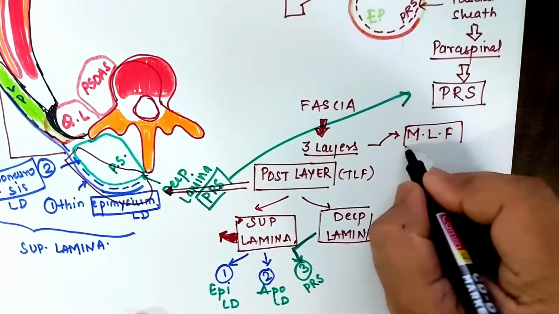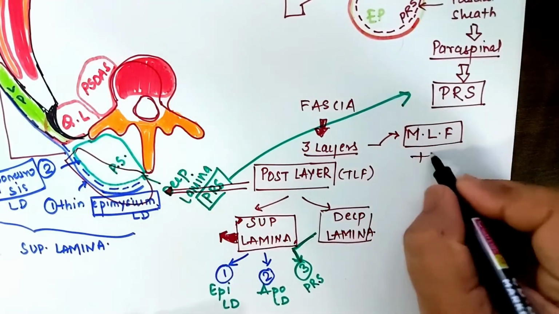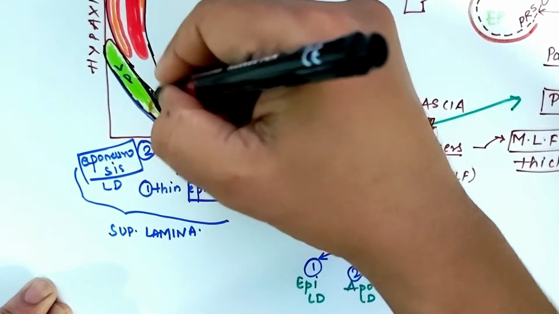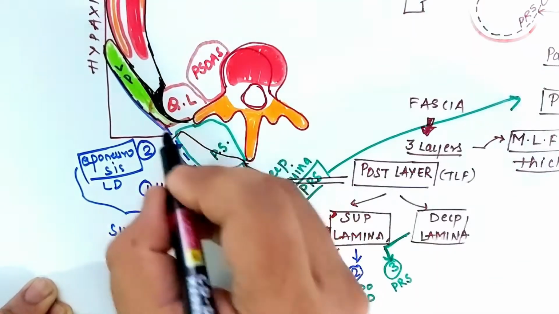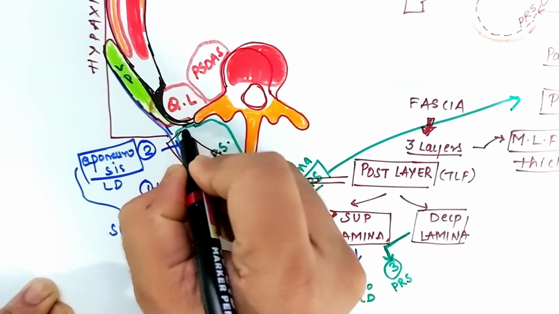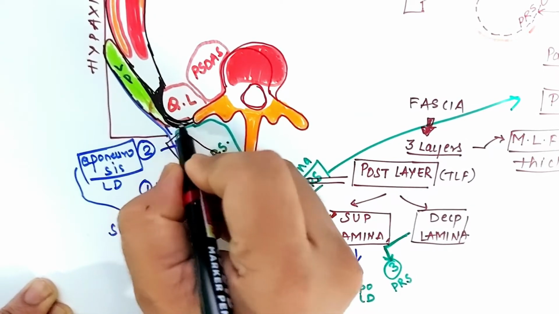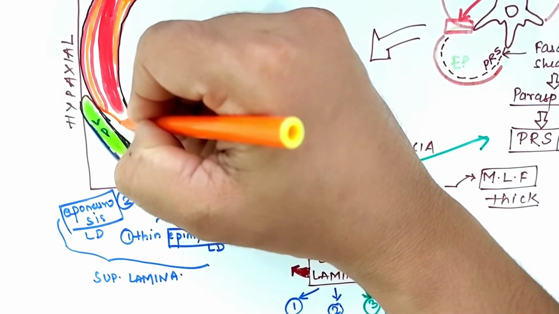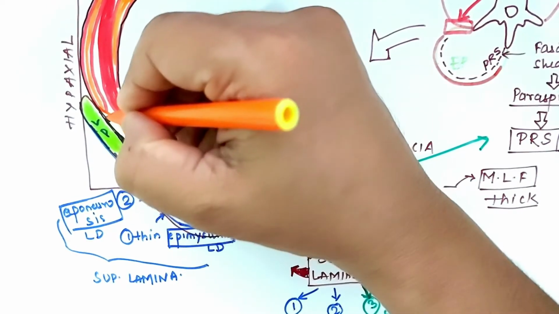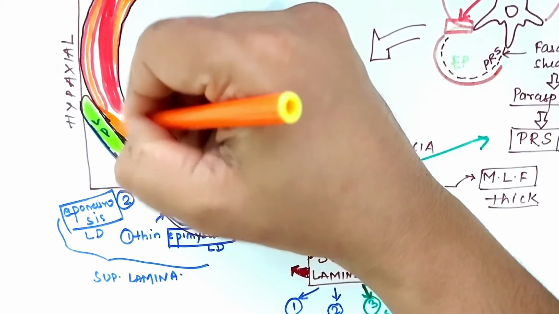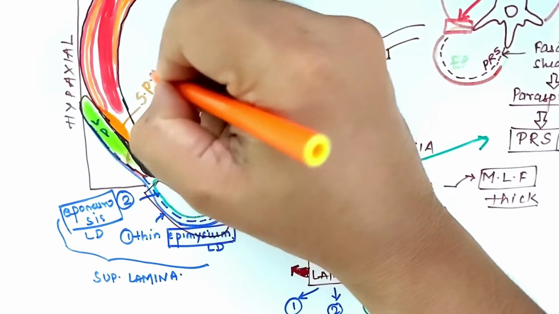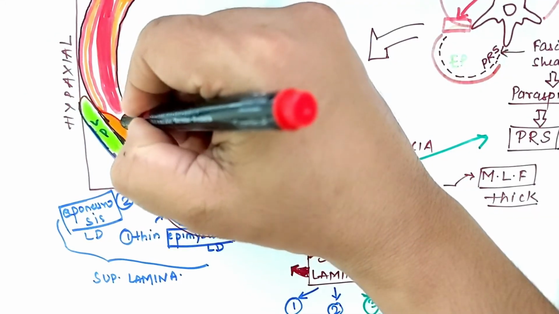Now we'll talk about the middle layer, which is the thickest of all three layers. The abdominal investing fascia attaches to the tip of the transverse process, and is thick. Now if you go to a higher level, you will also see a superficial layer composed of the serratus posterior inferior muscle.